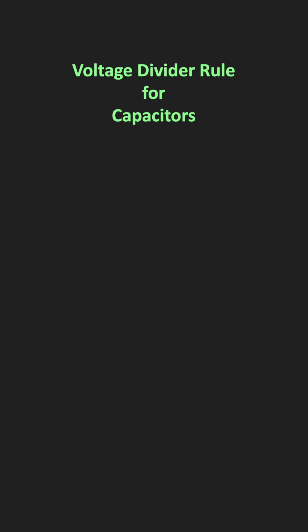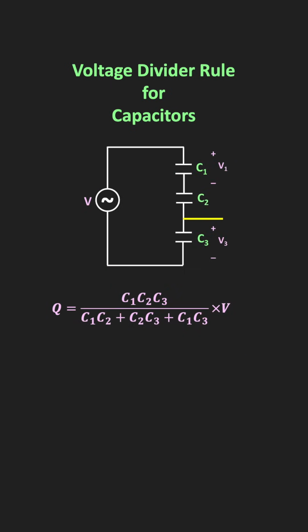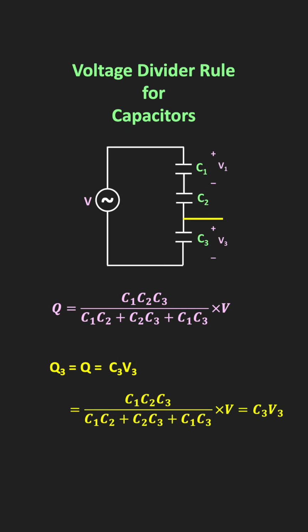If we see the charges Q1, Q2 and Q3, they will also be the same. The charge across the capacitor C3 is equal to C3 times V3, and this charge is the same as Q. Now let us put in the value of Q. Further, we can write C1 times C2 times C3 divided by C1 C2 plus C2 C3 plus C1 C3, times V, equal to C3 times V3.